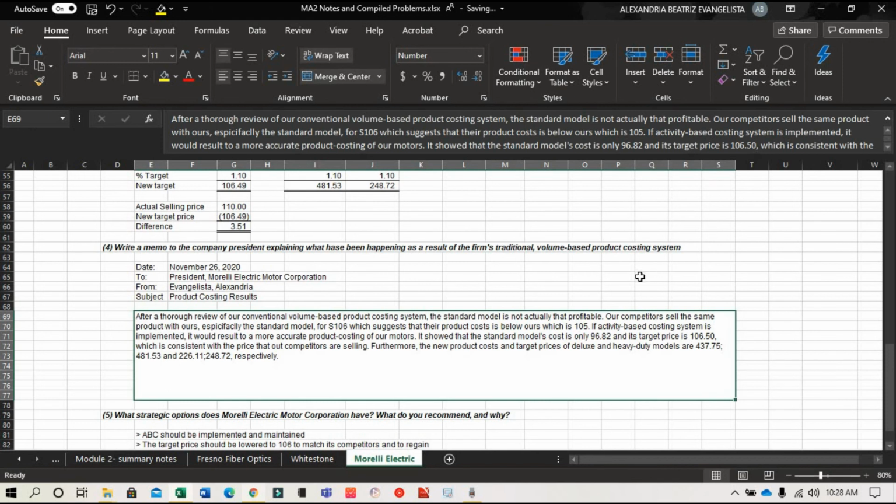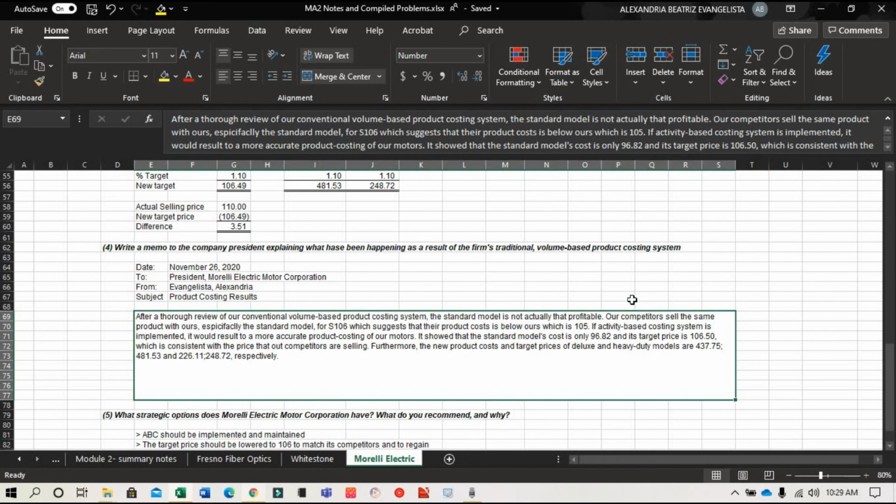So, the memo reads, after a thorough review of our conventional volume-based product costing system, the standard model is not actually profitable. Our competitors sell the same product as ours, specifically the standard model, for $106, which suggests that their product cost is below ours, which is 105.